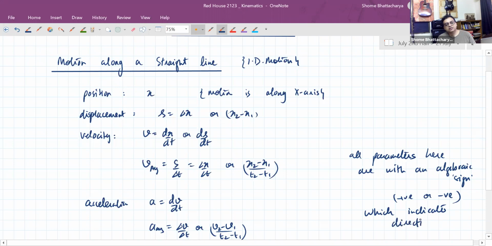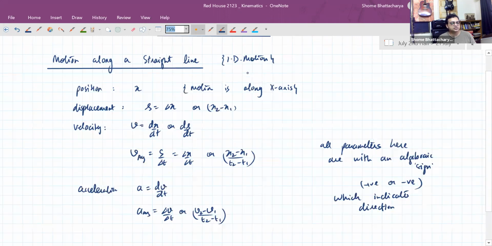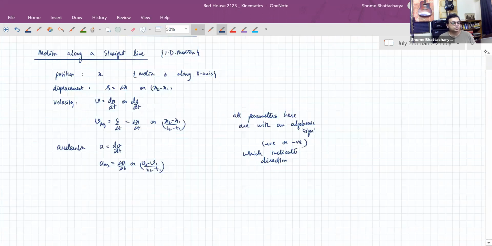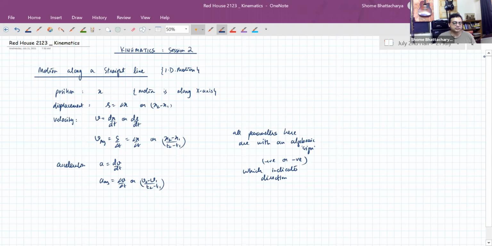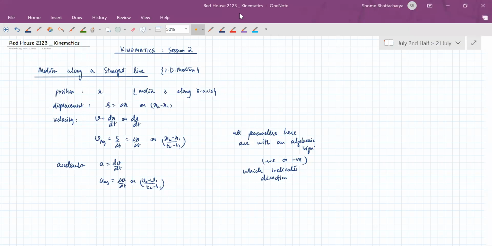You might ask that how is position going to have direction? Displacement, velocity, acceleration, all this, yes, we understand it has direction. So position also has direction with respect to the origin, which direction the position is in. Is it towards the positive direction, or is it towards the negative direction? So these are the basics that we understood last time.